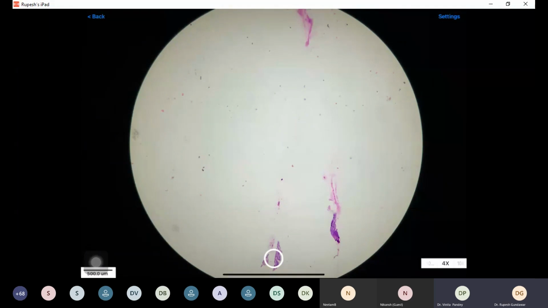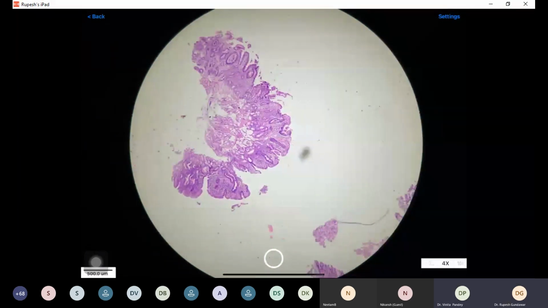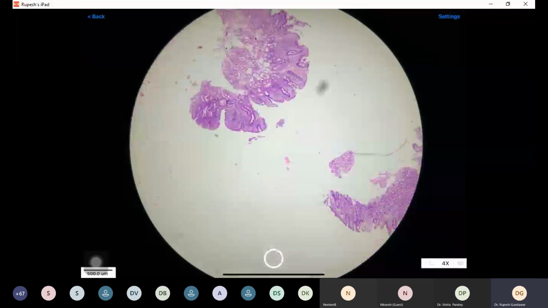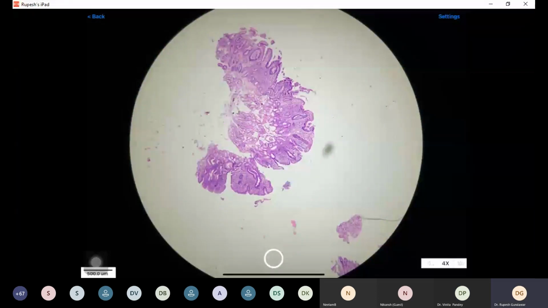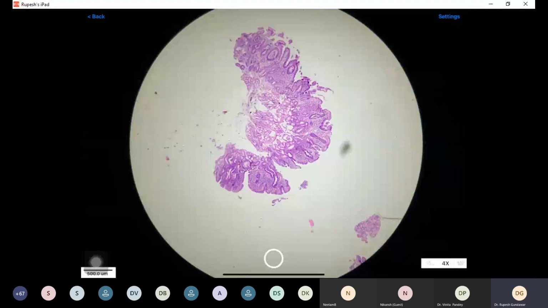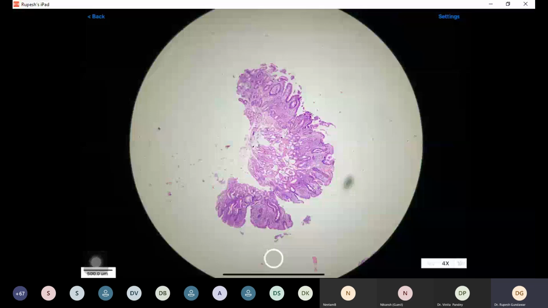Okay, fine. Thank you. So this is a duodenal biopsy. These are the duodenal glands. We would be expecting long villi and short crypts to say it is normal. But now see here, this looks as if it is a biopsy of colon.